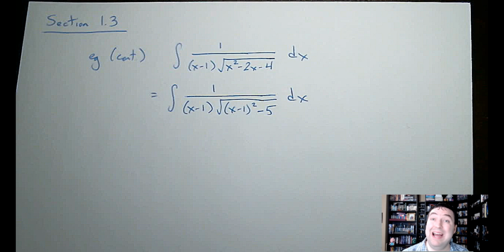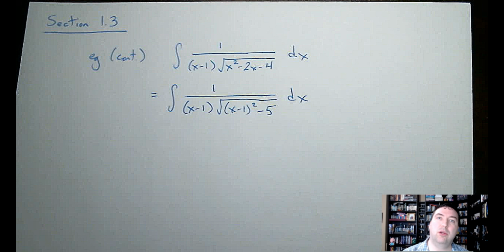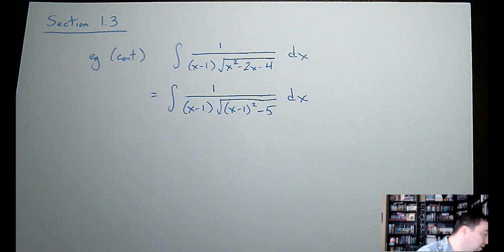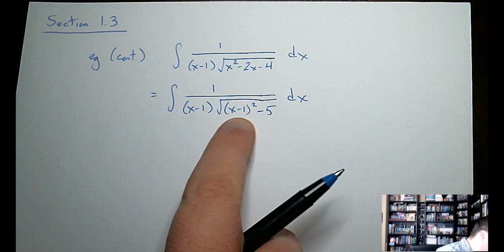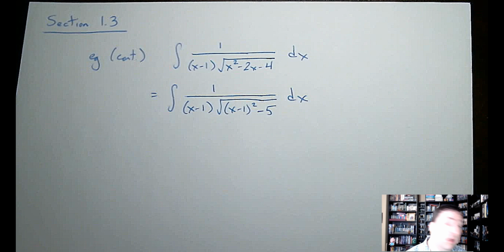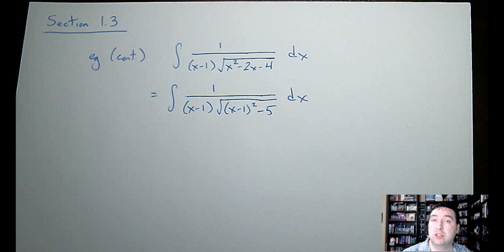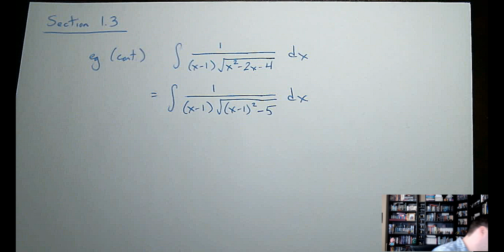All right, well, now we've got the integral in a form where we can evaluate it, but we still have to actually do the evaluation. And so now, because we don't just have an x squared here in the square root, we've got some other expression squared, what we talked about a little bit in the last lecture is that that's likely going to set itself up for a u substitution.